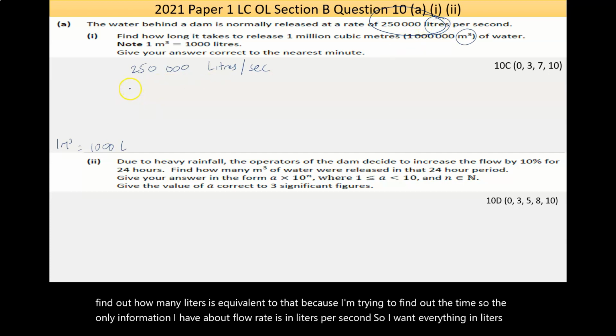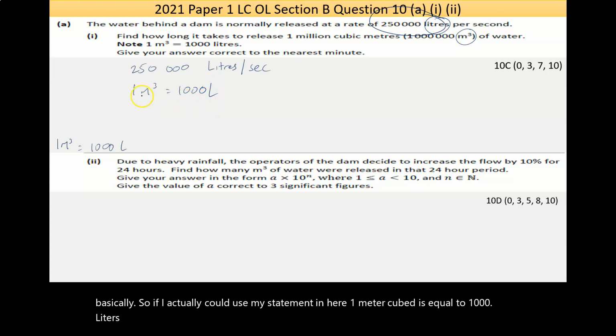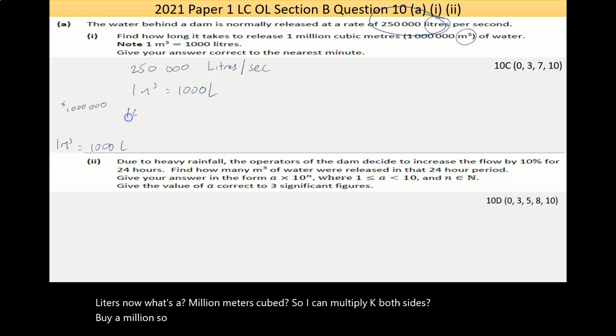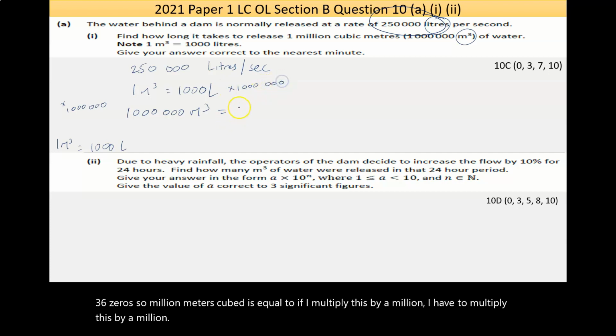So if I could use my statement down here. Okay, 1 meter cubed is equal to 1,000 liters. Now, what's a million meters cubed? So I can multiply both sides by a million. So 1 by a million is a million. Then I have to multiply this by a million, I'm just adding on zeros.